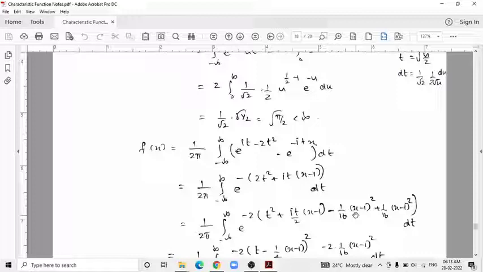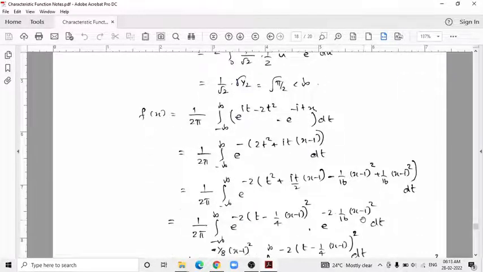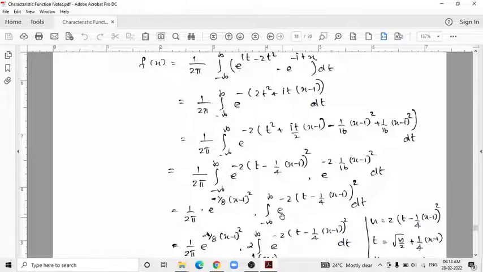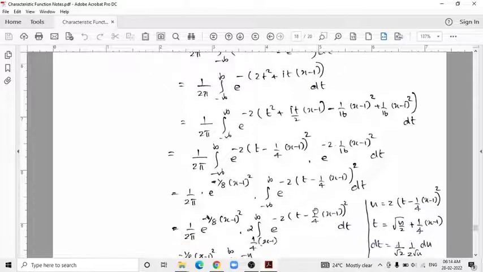So one more square term is missing, and that second missing square term can be determined just by comparing with a plus b whole square, and that's how we have 1 by 16 into x minus 1 square, and to balance we again subtract 1 by 16 x minus 1 square, and then taking the constant term, that is the term without the t, outside of the integral, we get this.